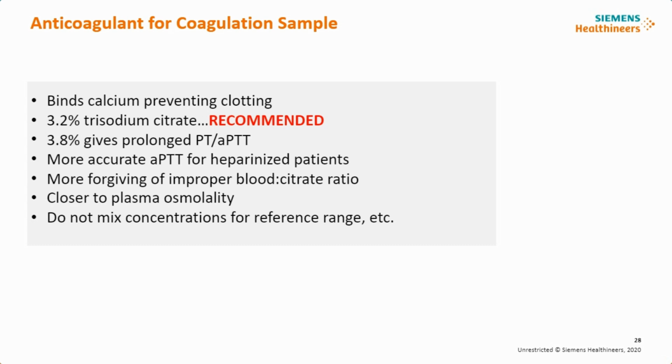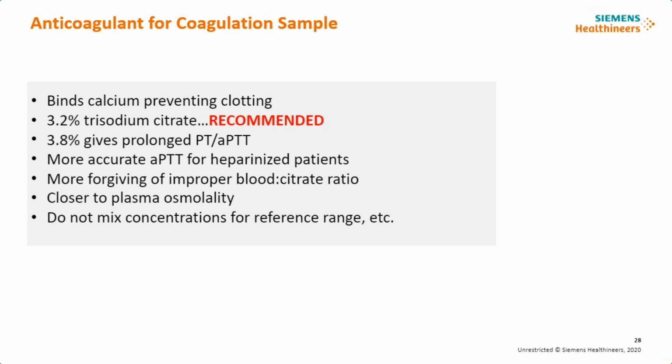So if your reference ranges, for example, have been established using 3.2% sodium citrate, and your blood is run at 3.8, there will be some differences, because the 3.8 typically has more prolonged ranges. And the opposite, of course, is true: if you've established your ranges on 3.8% and you're using 3.2 in your patients, your reference ranges most likely will need to be reestablished.